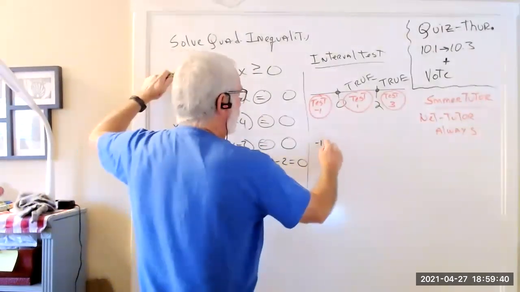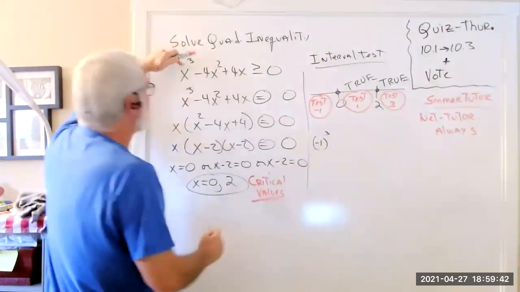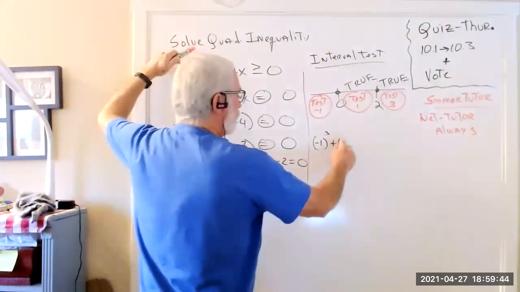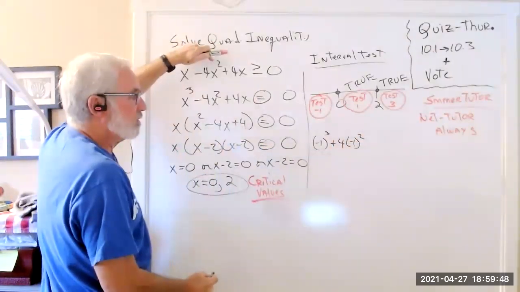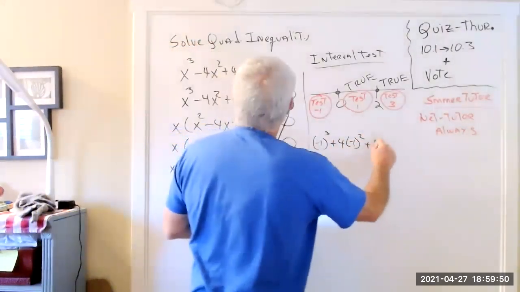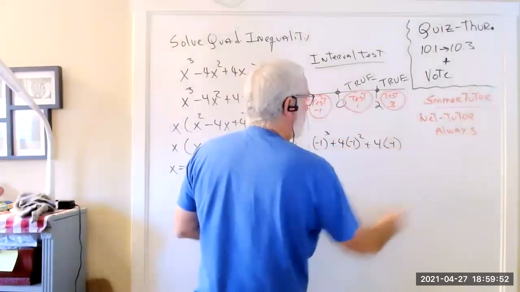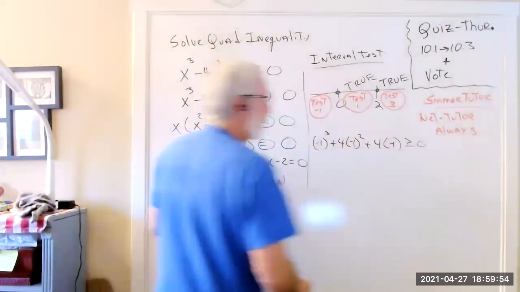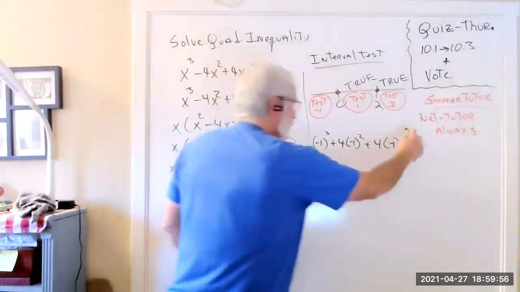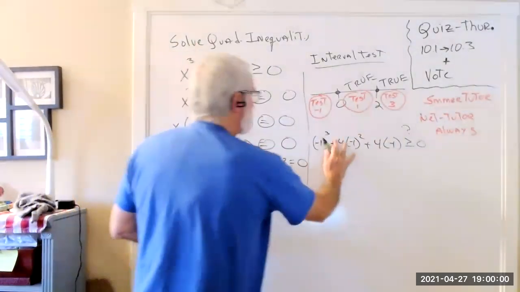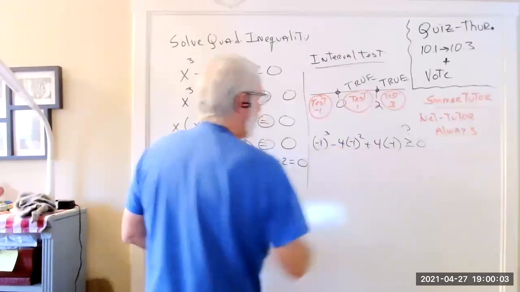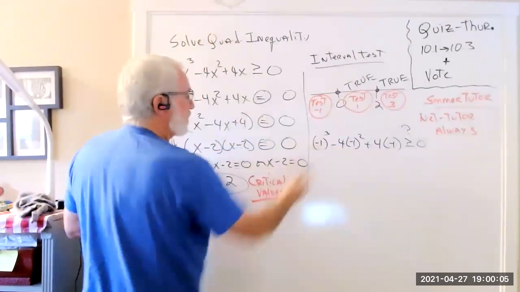We have -1 to the 3rd power plus 4 times -1 to the 2nd power plus 4 times -1. Is it greater than or equal to 0? Wait, is this supposed to be a negative before 4? That's supposed to be a minus. You're right. Thank you. Minus, sorry.